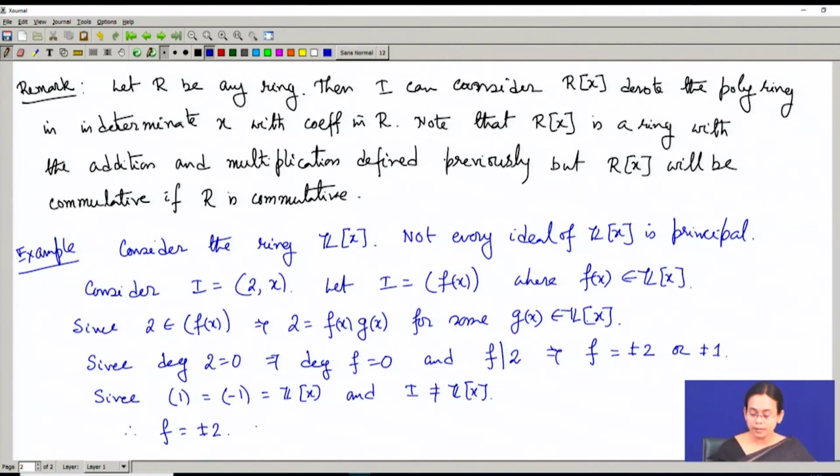So x can be written as f(x) times L(x) for some L(x) in Z[x].